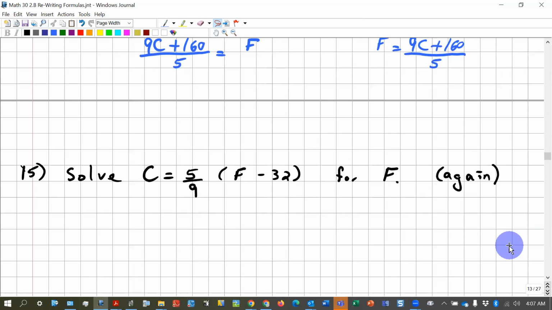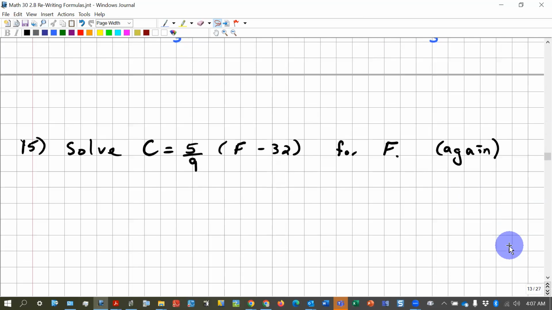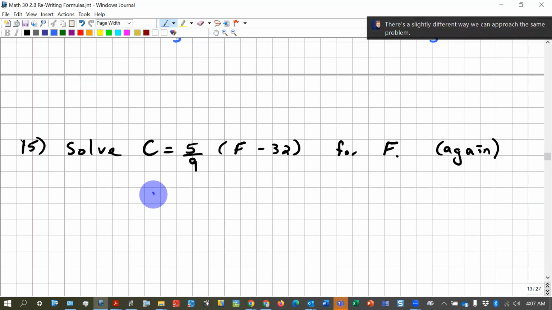There's a slightly different way we can approach the same problem. Again, C is 5/9 times parentheses F plus negative 32.